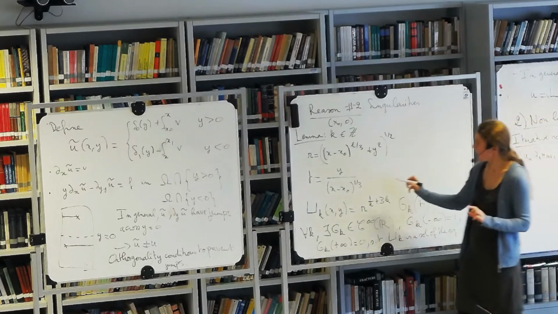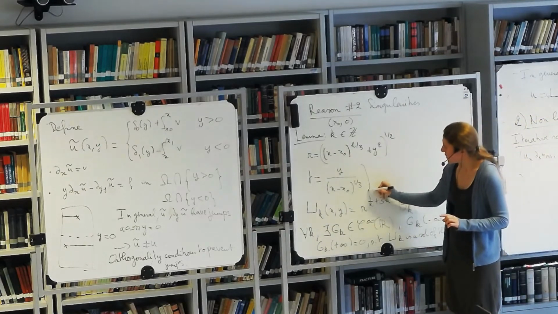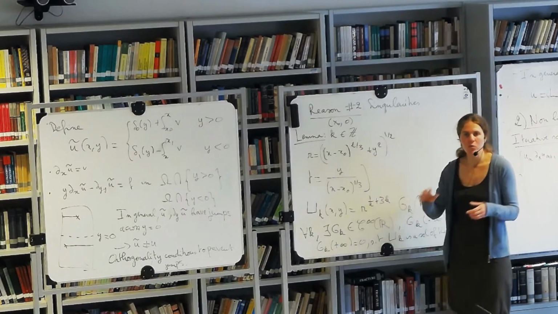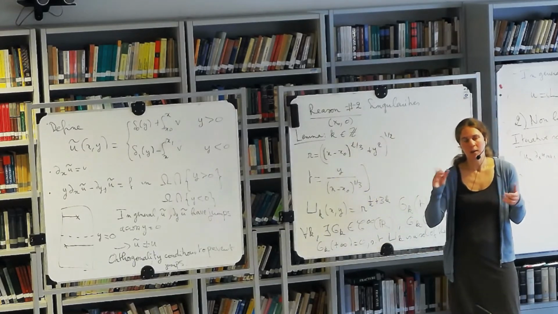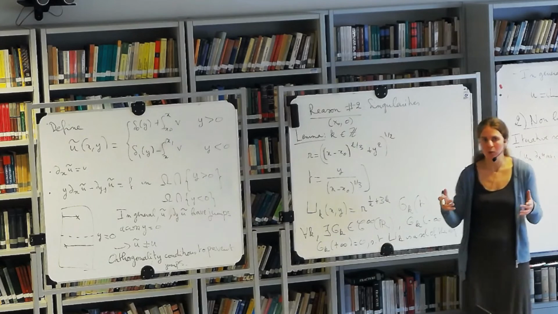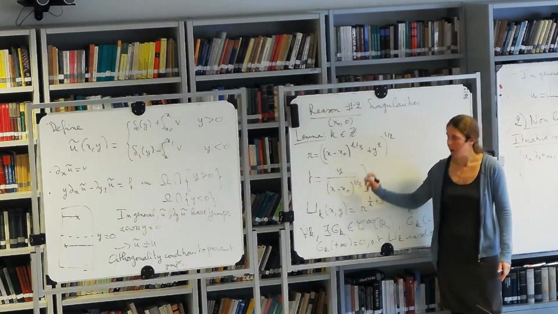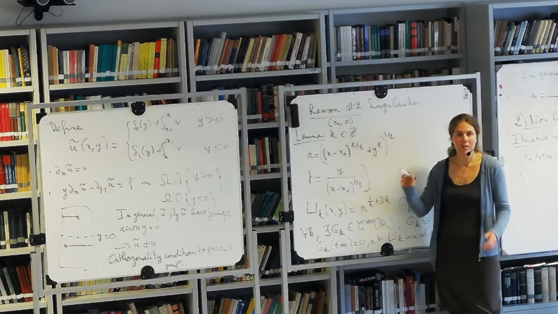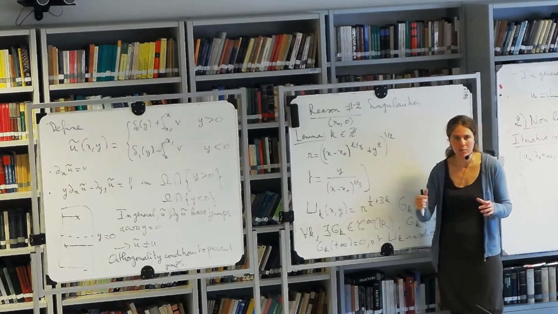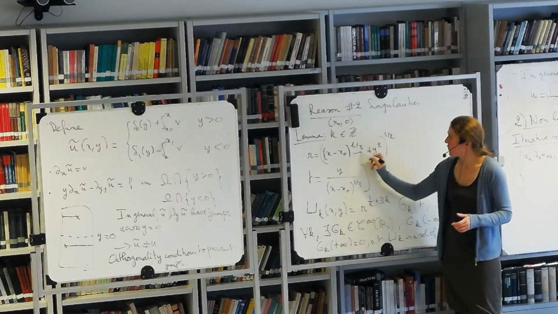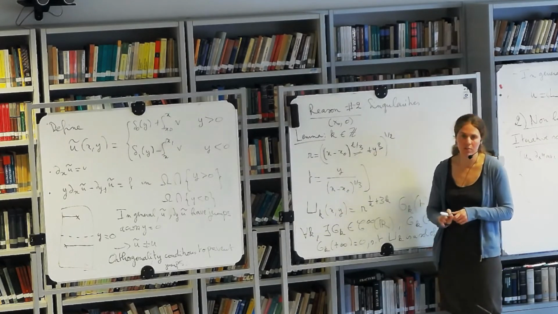So this would be your angle, or the tangent of the angle. If you just had an elliptic equation and usual polar coordinates, this would be the tangent of theta, the angle, and this would be your radius. But here, because the scaling of x and the scaling of y are not the same, you have to tune these powers carefully.